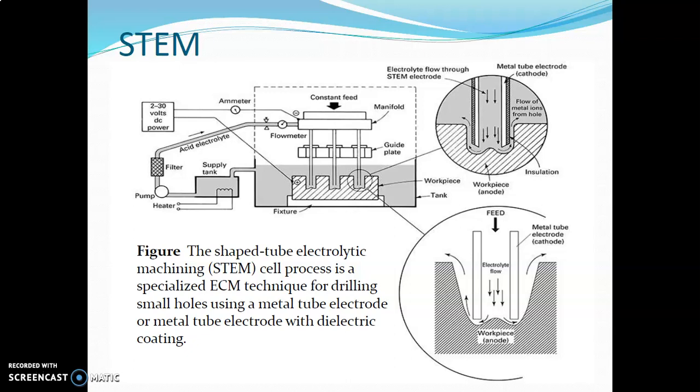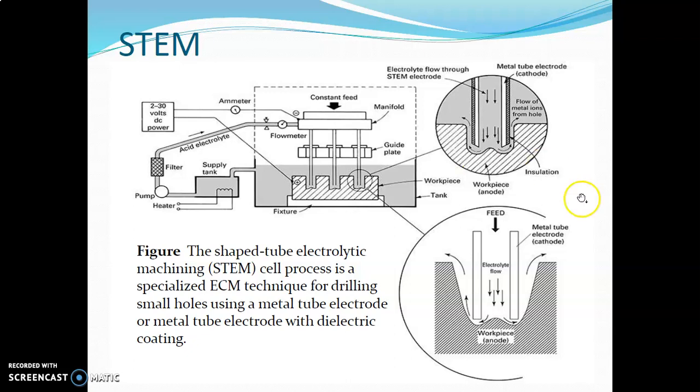So, simply, the mechanism is that we are supplying the electrolyte with the help of a pump, and a filter is used to remove any impurities, even eroded metal particles that may be there, and it is supplied to the upper part.